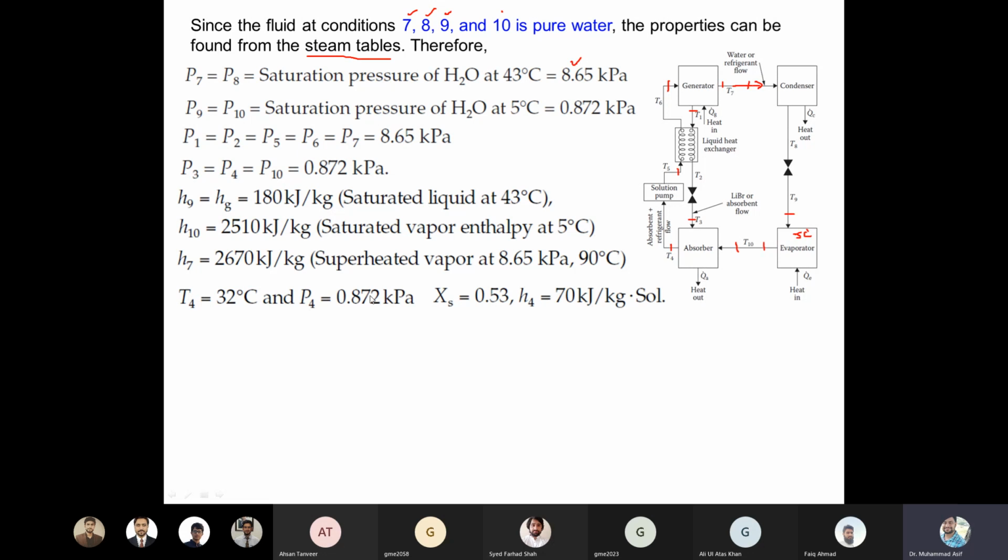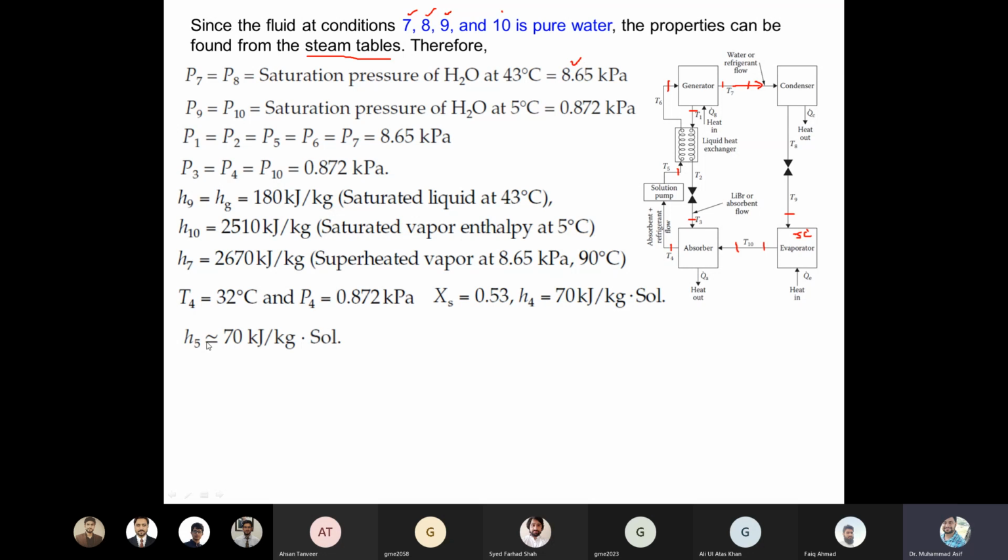We can read the concentration, since this is a concentrated solution, so that's why this is represented with the S, right? If we know temperature and pressure, we can read the value of X. And then if we know the value of X and temperature, we can read the value of the enthalpy. This is just reading the value from the chart, right?